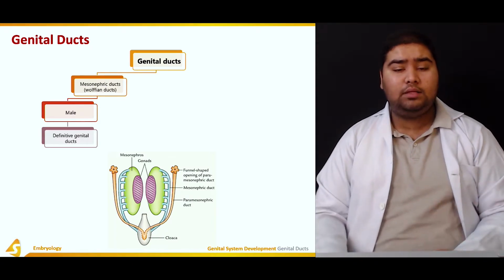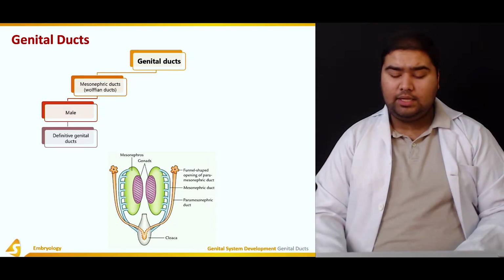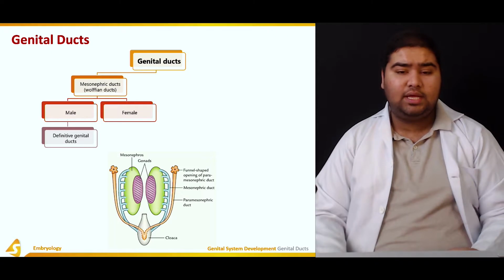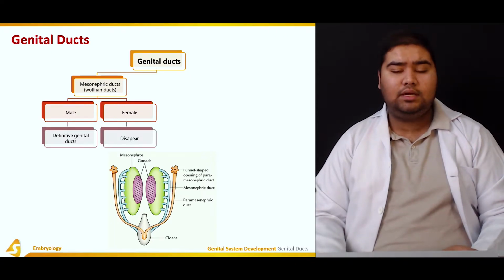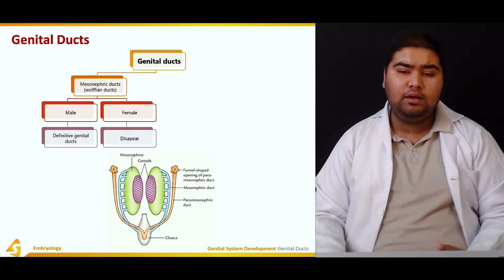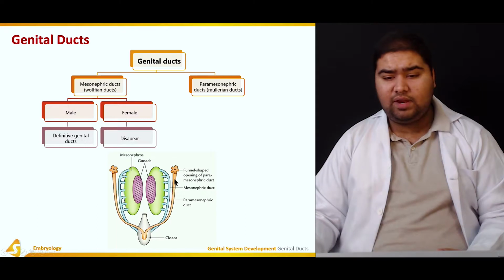In male, the mesonephric duct forms the definitive genital ducts, and hence they are retained. In females, they disappear because they have no purpose in females. Now the paramesonephric duct is this one in orange.